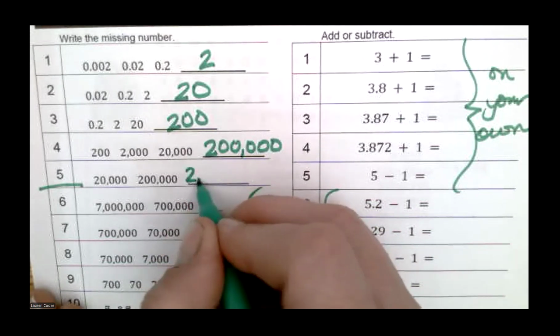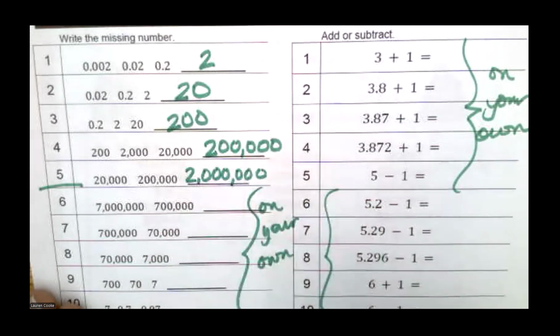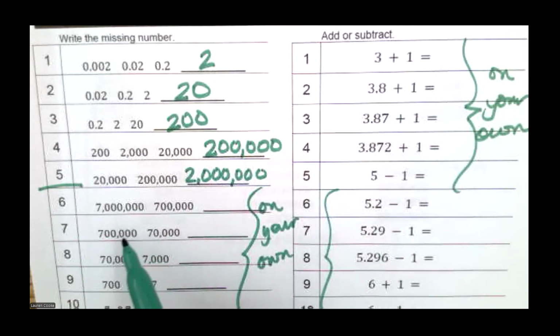Sorry, millions. Okay. And then it looks like we're starting here. So on your own, you would have to start at 7 million, then 700,000, then 10,000.